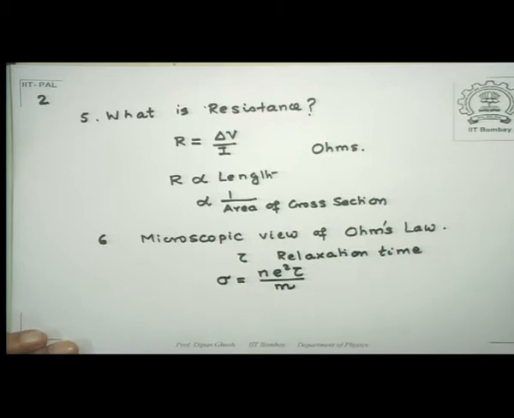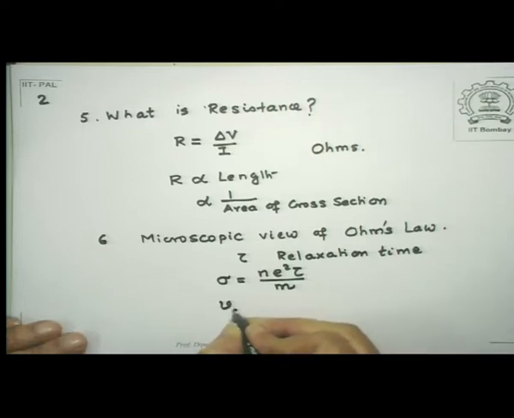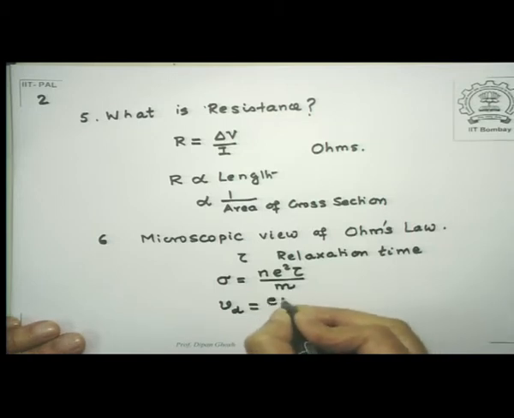And we also found out that there is a relationship between the drift velocity and this relaxation time, which is simply e tau over m.